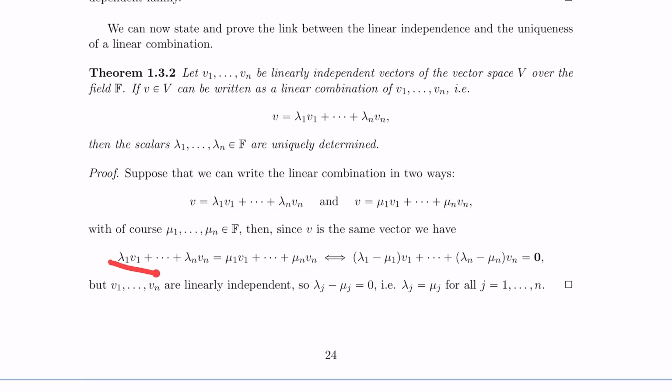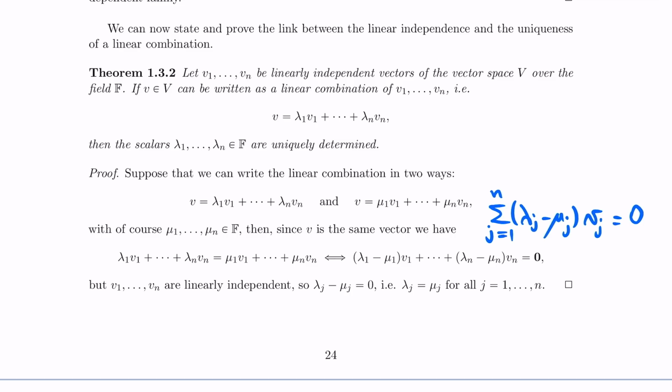This is exactly what I wrote here, and this in turn is equivalent to writing this. That is, using the compact notation, we have the sum for j that goes from 1 to n of lambda j minus mu j times vj equals the null vector.